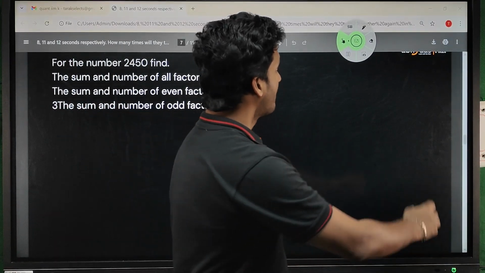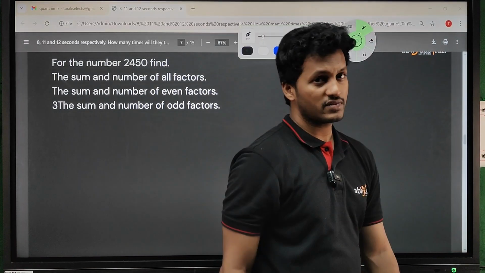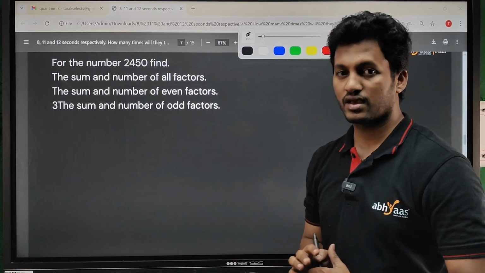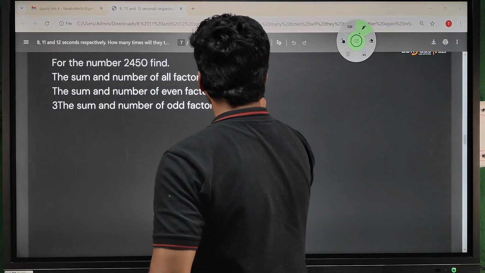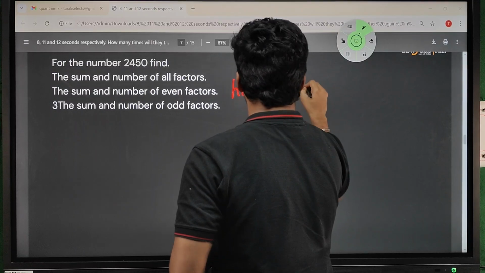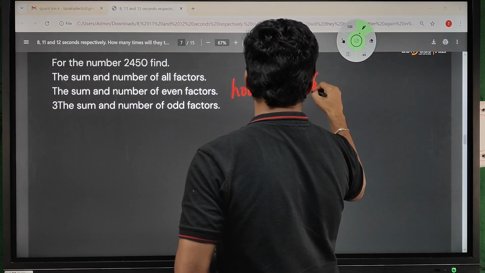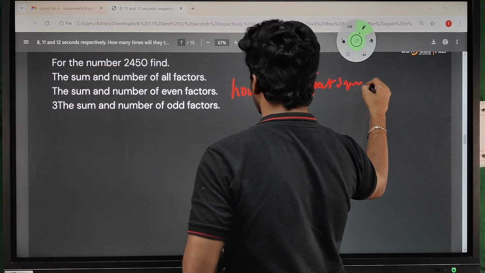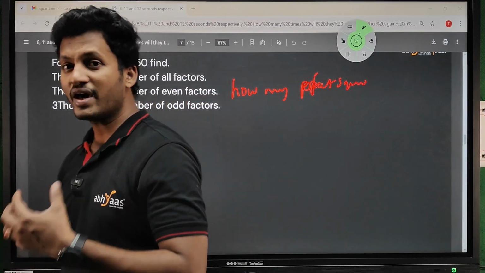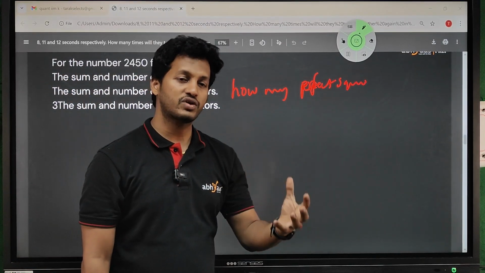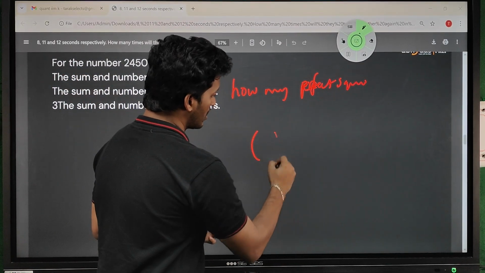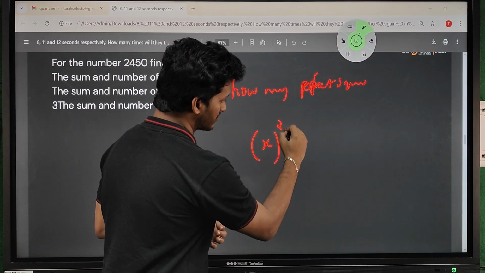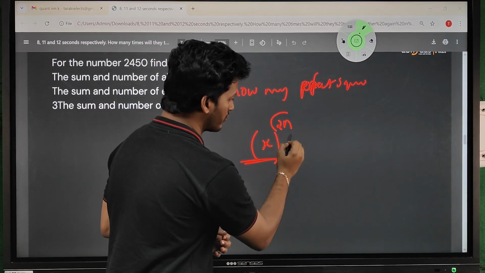But sometimes, like in this case, they will ask how many perfect squares are possible. That means in my given factorized form, the exponent should be a multiple of 2.